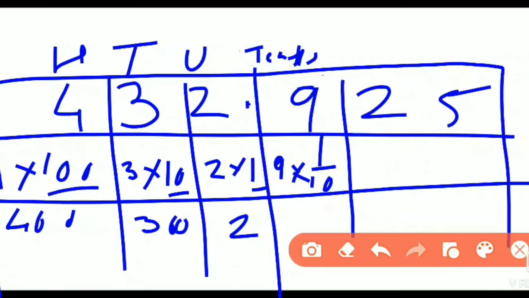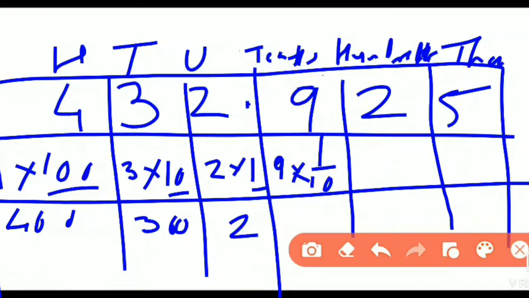Then this 2 is at the hundredths place, and this is the thousandths place. So 2 is present at the hundredths place; we have to multiply 2 into 1 upon 100, or directly divide 2 by 100, then you will get its value.